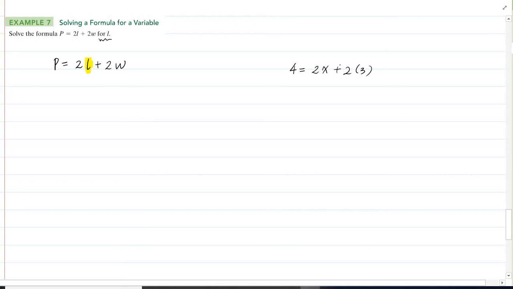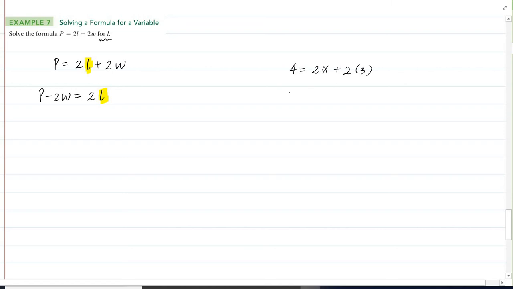You subtract this 6 on both sides, then you divide by 2 eventually. So you're doing the same thing. Since it's subtract, that'll be negative 2w on both sides, P minus 2w equals 2L. So again, we want to remind ourselves what we are doing, because only L is our variable.